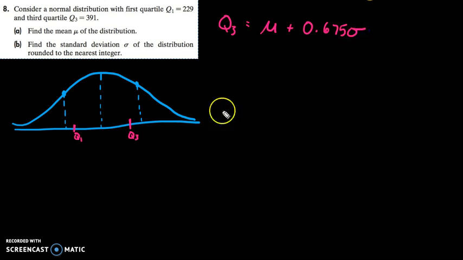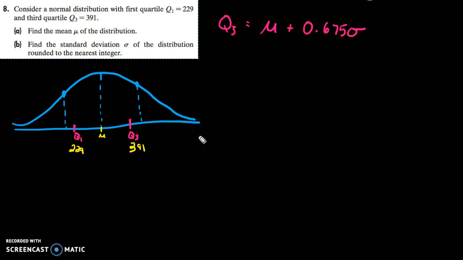Okay, so what kind of stuff can we find out here before we even have to use the formula? Well, if I know the mean is right in the middle, and this one's 229, and this one is 391, I can figure out what's halfway in between both of those numbers. And halfway in between both those numbers will at least tell me the mean to start with.